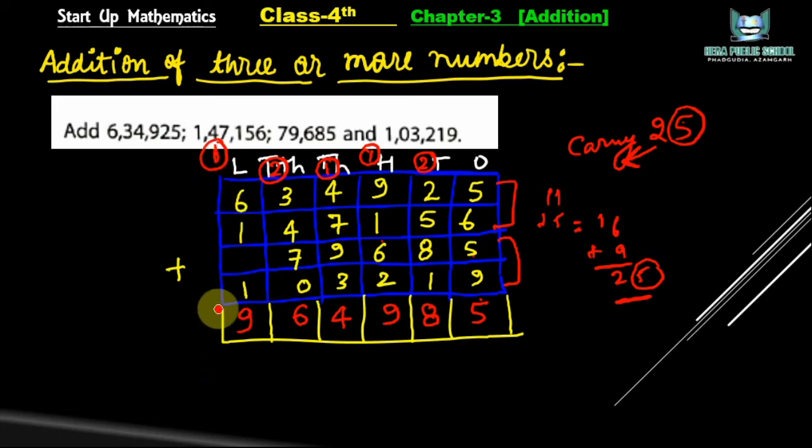So your answer is 9,64,985. In this way you will add 3 or more numbers.